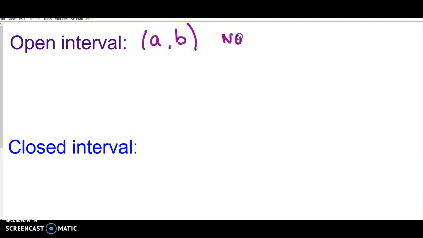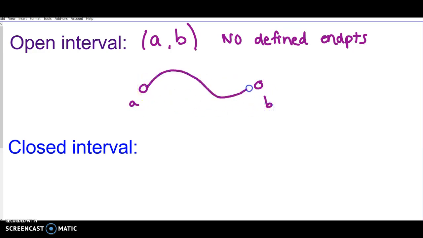So maybe I should write that down. No defined endpoints. So visually speaking, let's say I have A, let's say I have B, and continuous, whatever that shape in between here, it's continuous everywhere between A to B. So that's my open interval A to B. Now if we're talking about a closed interval A to B, now we do have defined endpoints.